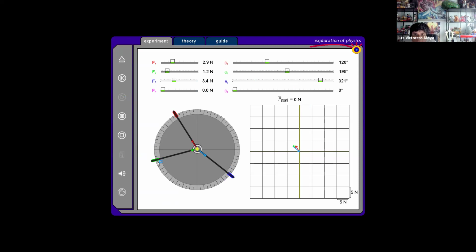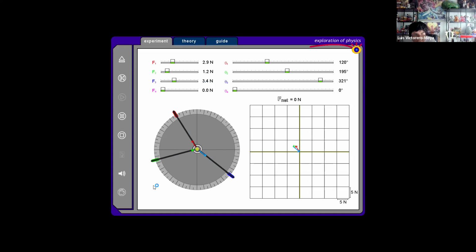And it should be like that. You see? So because of the uncertainty in the experiment, I'm playing with this a little bit. I'm seeing that the equilibrium is about 3.4 as expected, as the resultant force, at about 320 degrees. So this angle is 320 degrees here, right?